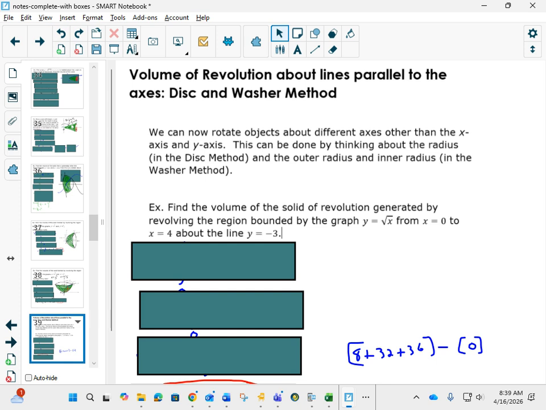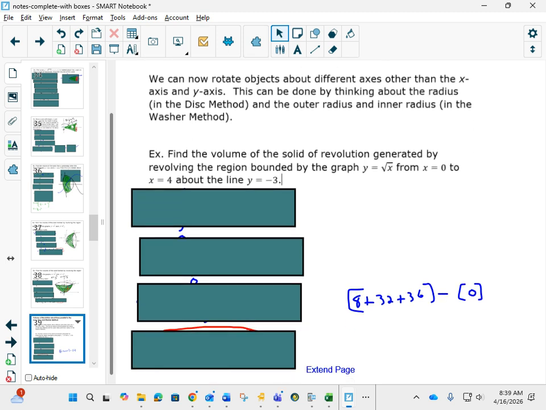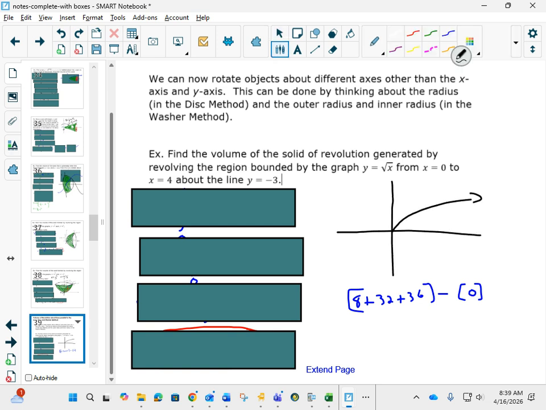So find the volume of revolution generated by revolving the region bounded by the square root of x from 0 to x equals 4 about the line y equals -3. So if I draw a little picture, okay, here's the square root of x, and we're going from 0 to 4.